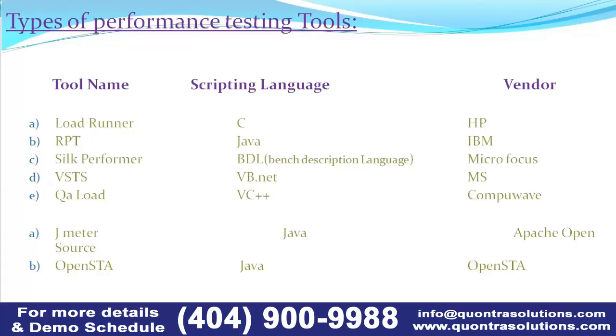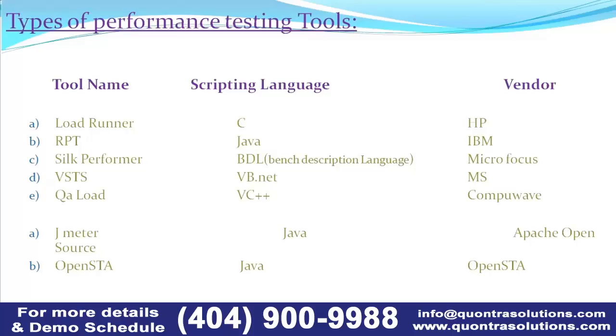LoadRunner is a licensed tool. JMeter is an open source tool, so many companies prefer open source tools to do performance testing for simple applications. They cannot purchase a license for everything from HP, as it is a very costly tool.